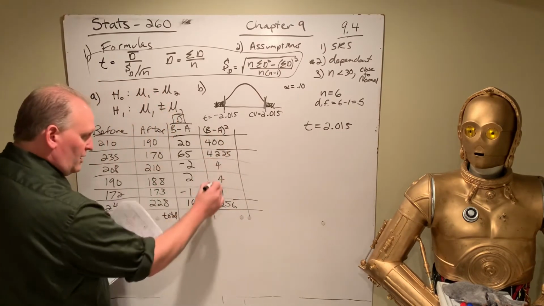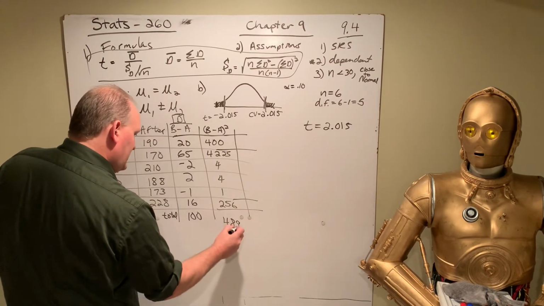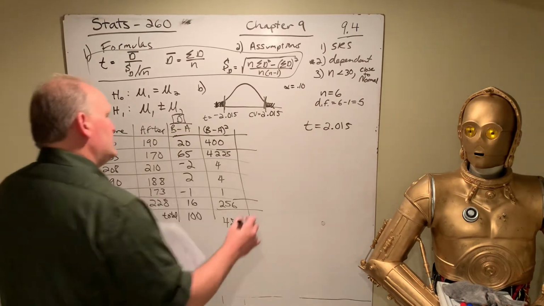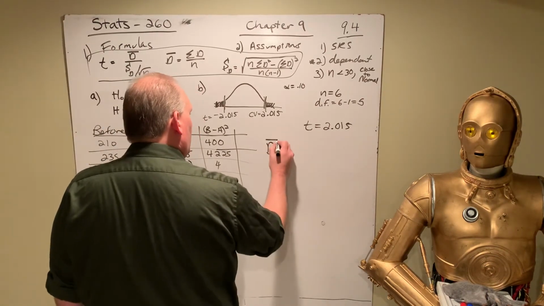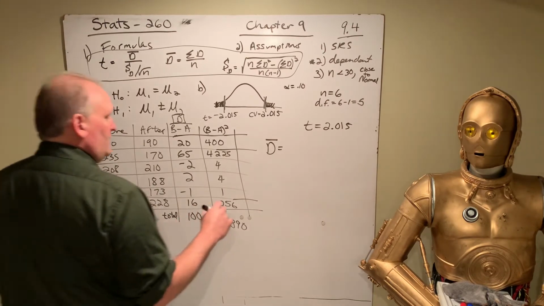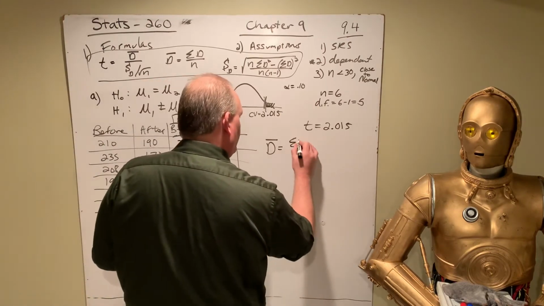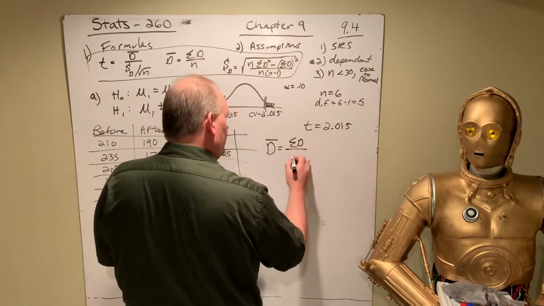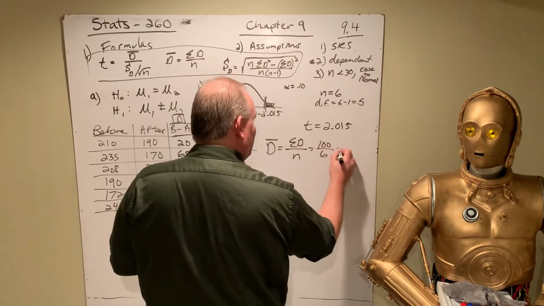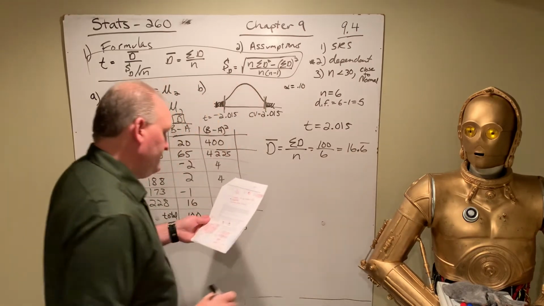And so if we add all of those up, we get 4,890. All right. So now let's find our D bar. That's our overall difference. So that's the summation of all the differences, which is 100, divided by how many there are. So 100 divided by 6. D bar comes out to 16.6 repeating.